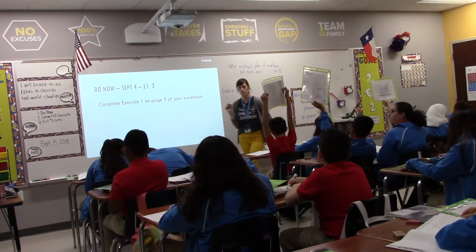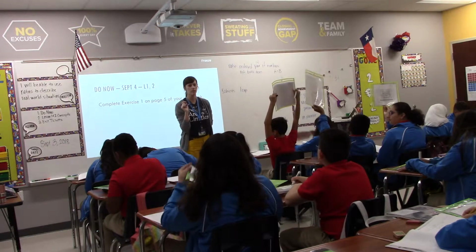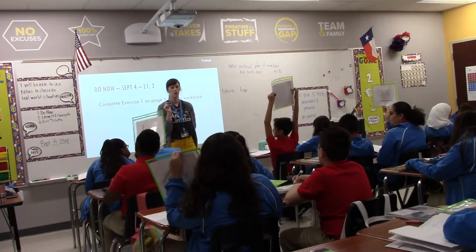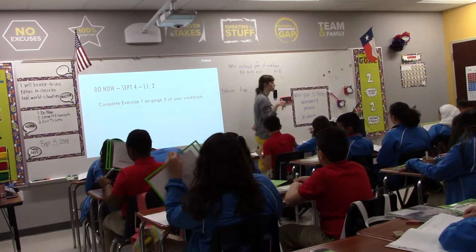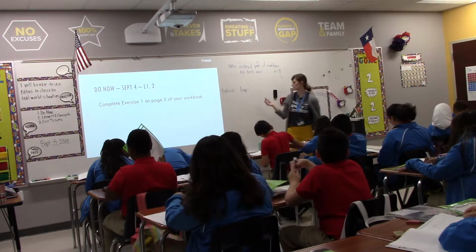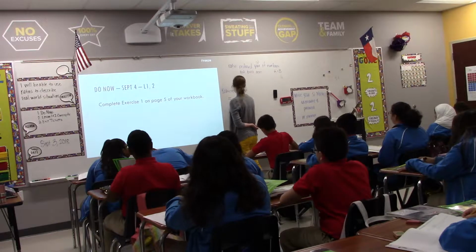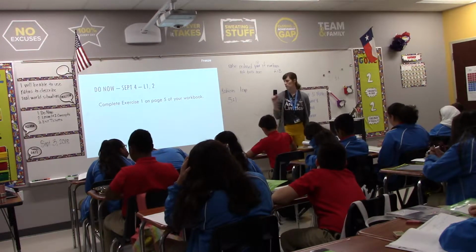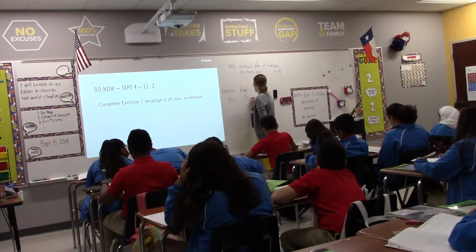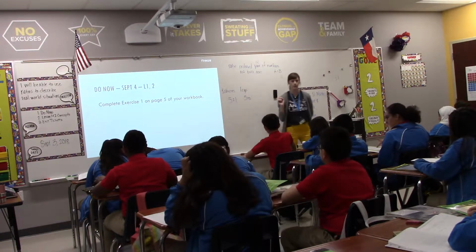Boards down. Okay, so most of what I saw was 5 to 1. And that is exactly correct. You can also write 5 to 1 with the word to.